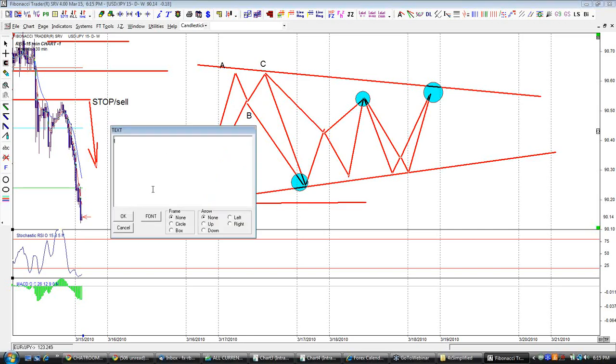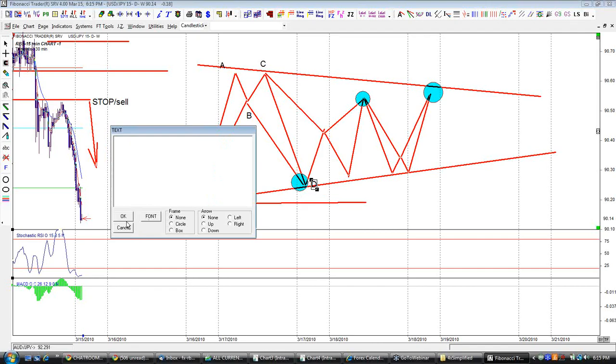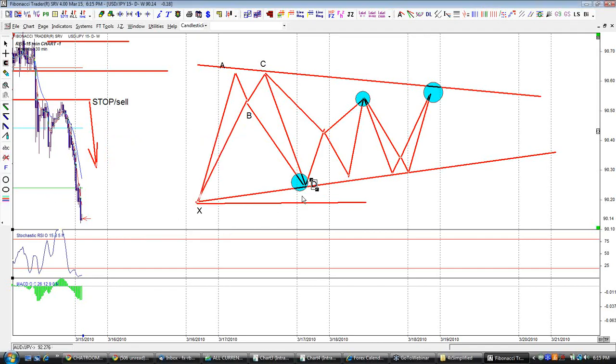This is why I like those wedges so much. It's because you can literally put your stop almost at your entry. I will place my stop just below this line, the horizontal line. I'm calling it horizontal, but it's the trend line that is almost like horizontal here.